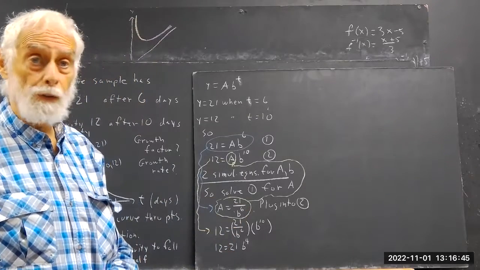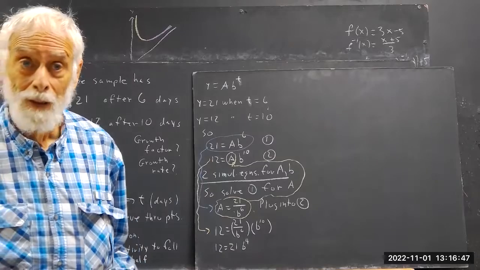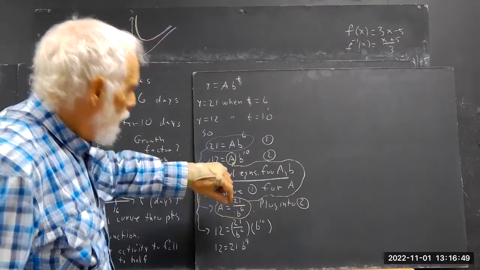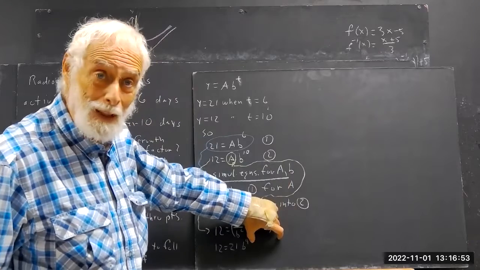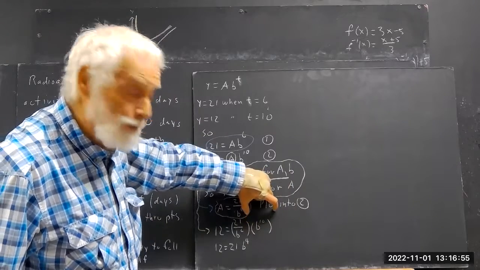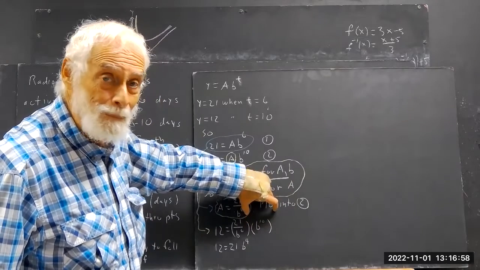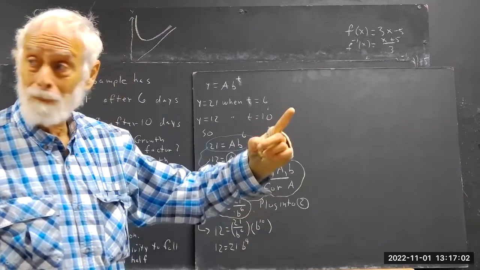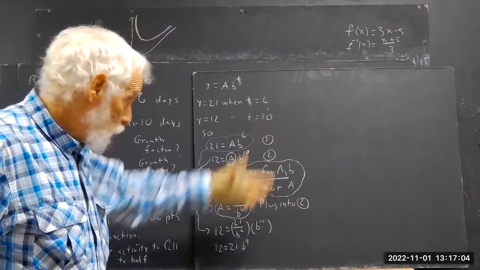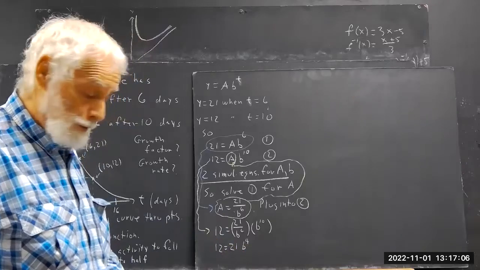There's a rule that says you subtract the exponents in this case, but then common sense tells you if you got B multiplied by itself 10 times in the numerator and 6 times in the denominator, you can group 6 of the B's in the numerator along with the 6 in the denominator, and it gives you 1, leaving you 4 B's multiplied by each other, B to the 4th.